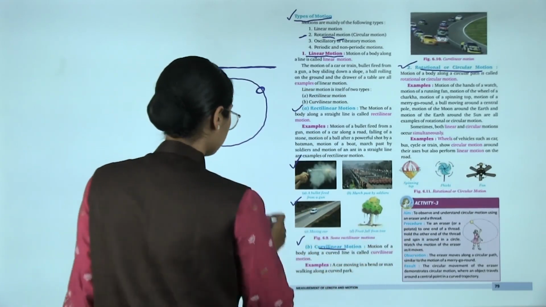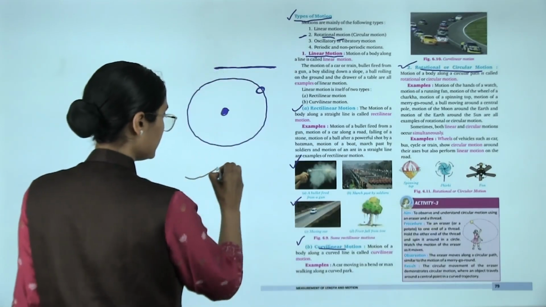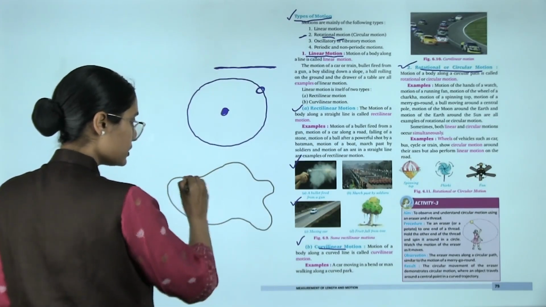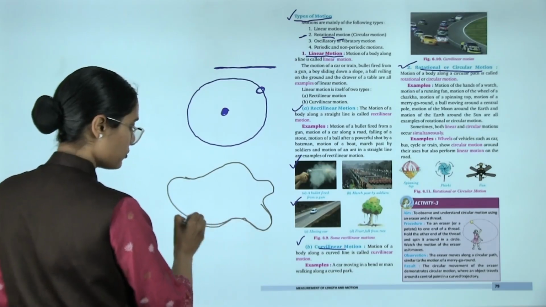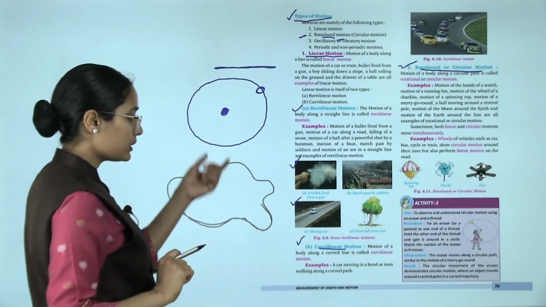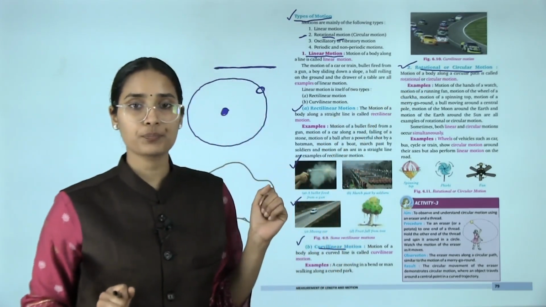For example, a person can walk in a park which has a path like this. This is a curved path, this is a curved path, but it has no particular center. Now can you understand and differentiate between curvilinear and circular motion?